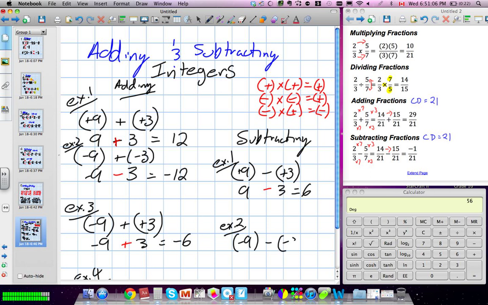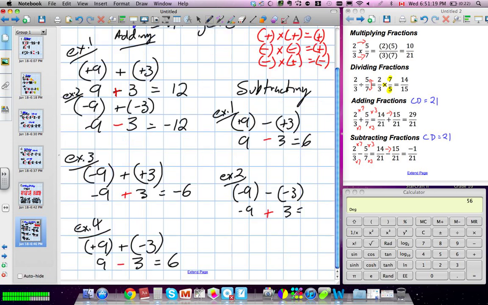Example 2. Negative 9 minus negative 3. Is positive. Yeah, we replace those two with a positive. So negative 9 plus 3. What's that give us? Negative 6. Good. So example 3.